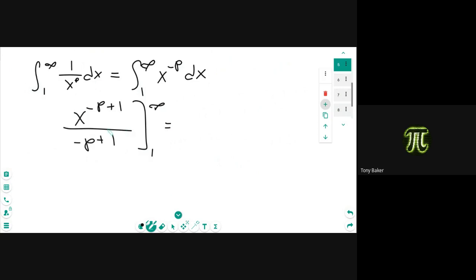Okay, so I can pull out this 1 over -p plus 1, because that doesn't really matter in terms of the x. So I'm literally just looking at the x to the -p plus 1 from 1 to infinity. Can I now put that back in the bottom? If I put this back in the bottom, not p.